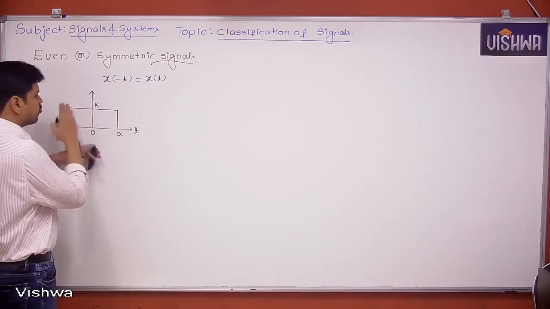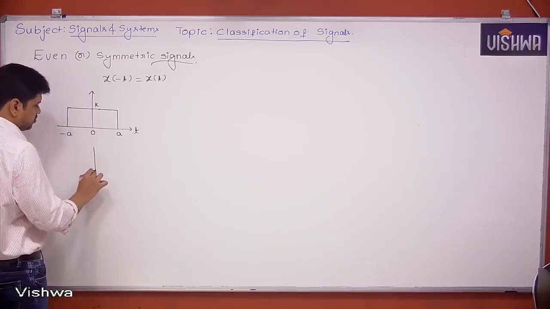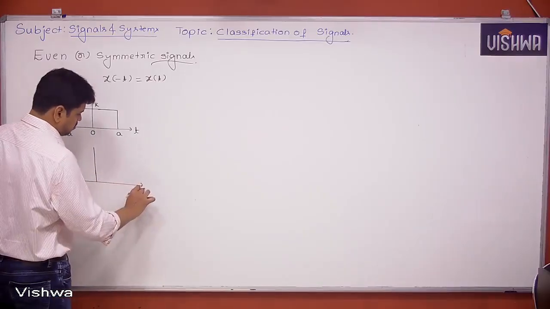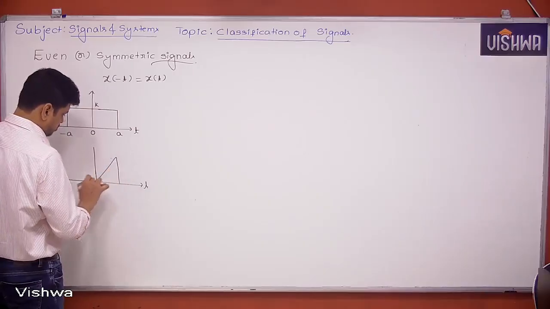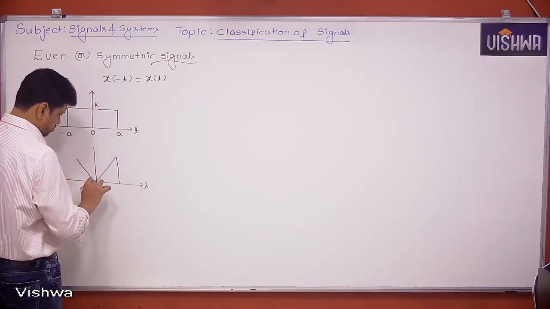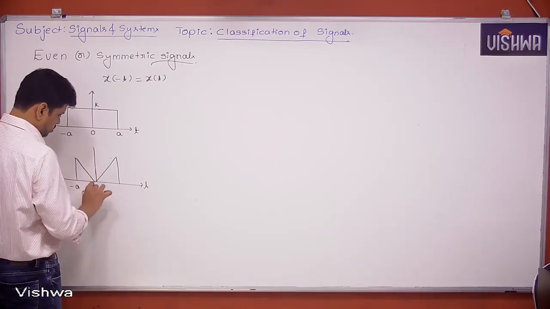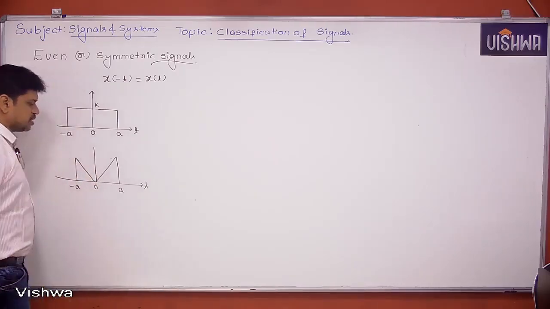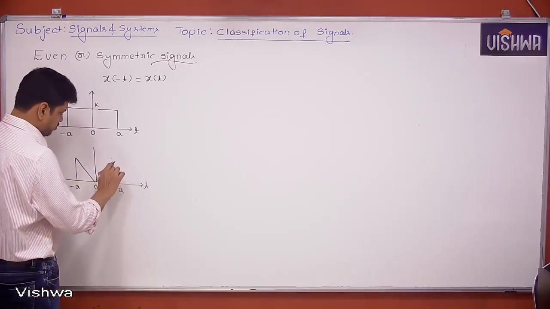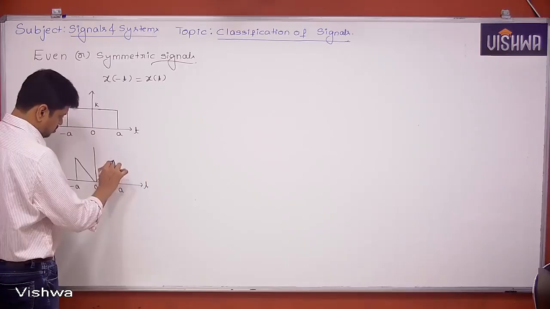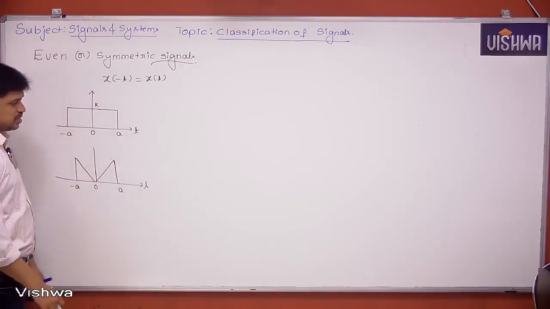That means if you fold it, you are going to get the same signal. So that's an even signal. This is also an even signal. Once you fold it, you get the same signal.